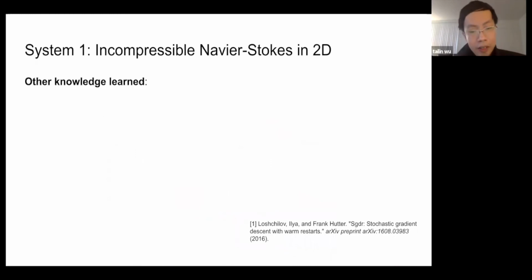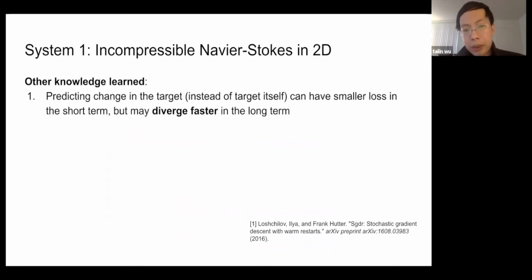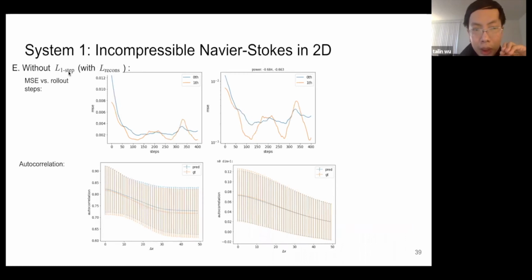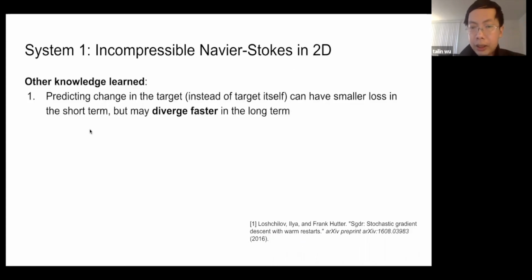During this time, we also learned many other things. For example, we also tried one case in which each time we predict the difference in target instead of the target itself. Basically, I mean that in the one-step prediction, instead of predicting the actual target, we predict the change in the target compared to the last time step. And what we find is that doing this may have a smaller loss in the short term, but it may diverge faster in the long term.